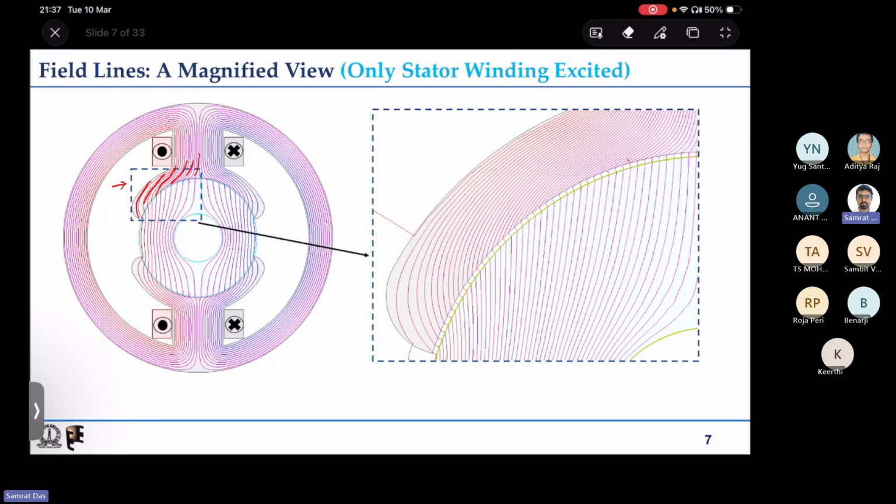Now we will look at the flux lines when they are passing through the air gap. You can see that all the lines are coming at a certain angle. This is the stator surface. They are coming at a certain angle, and then they are leaving the stator pole and again entering the rotor pole, or the rotor surface, right?